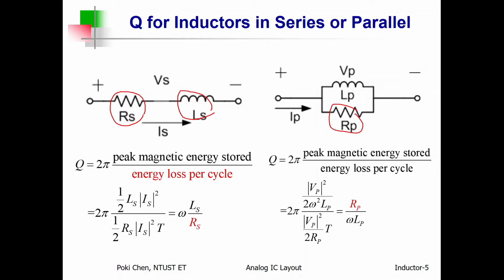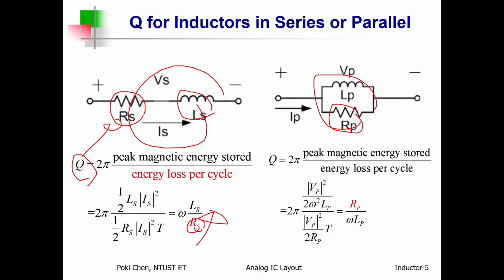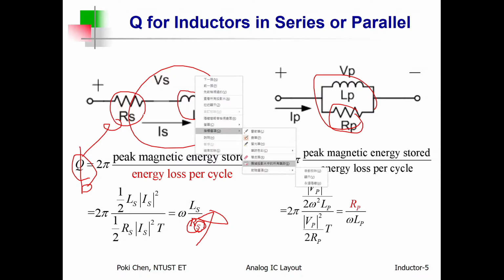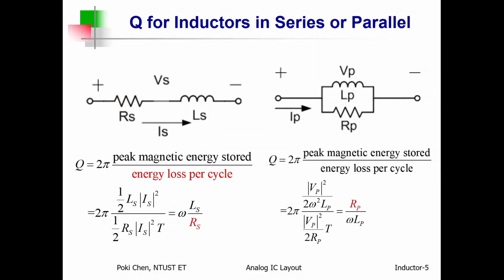It's up to you to use this model or that model, but according to the Q factor in series connection, you will see here, right? So it means the larger series resistance, the smaller Q factor. So in such a simple model, you had better try your very best to reduce RS.